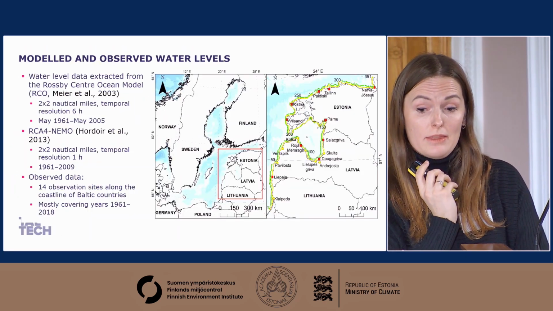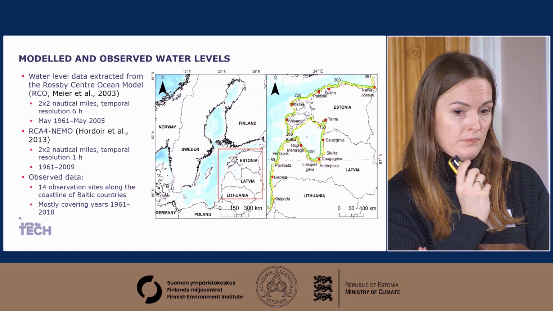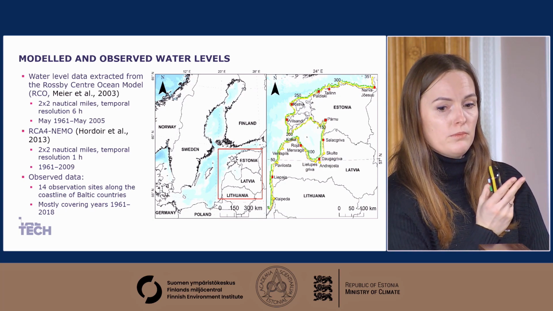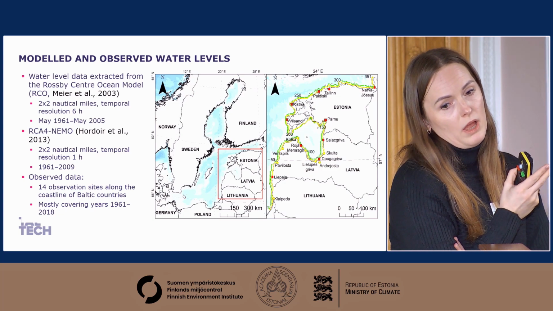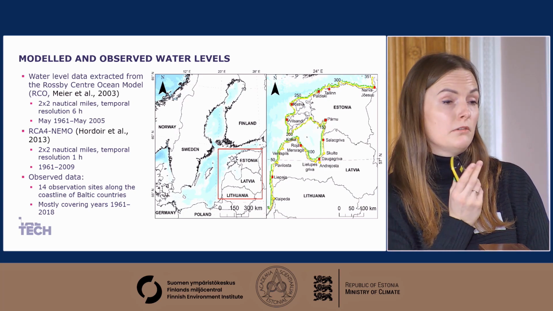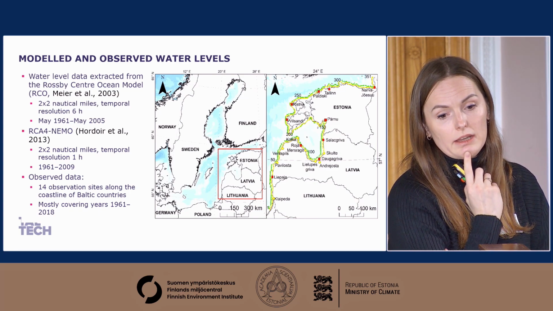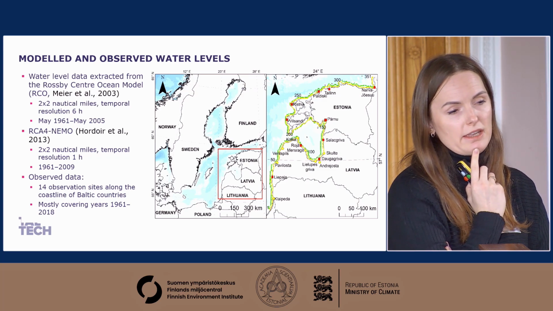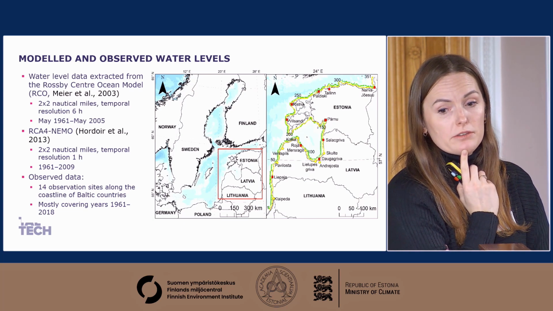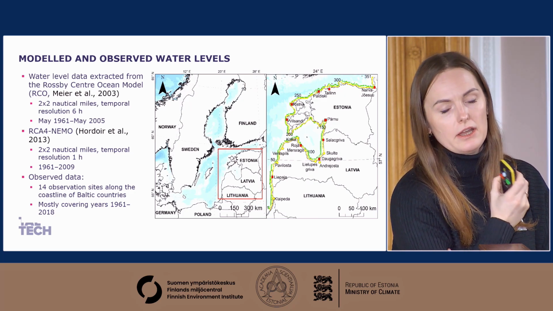To explore this, we used modeled and observed water levels. Two sets of modeled water level data are extracted. First is extracted from the Rossby Central Ocean model, and the temporal resolution of this is 6 hours, and this covers years 61 to 2005. Second set of model data is extracted from the RCA4 NEMO, and it has temporal resolution of 1 hour, and it covers years 61 to 2009.